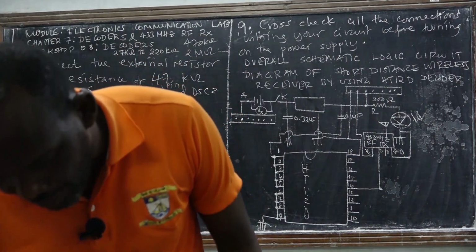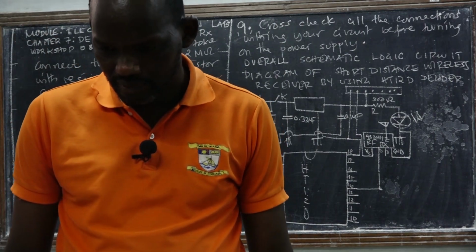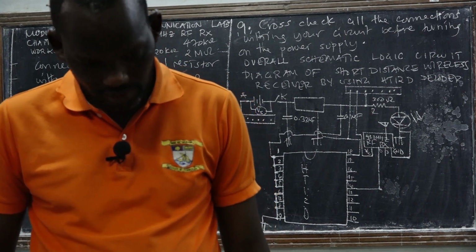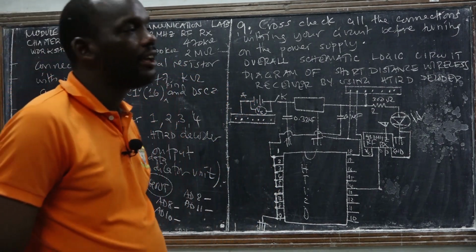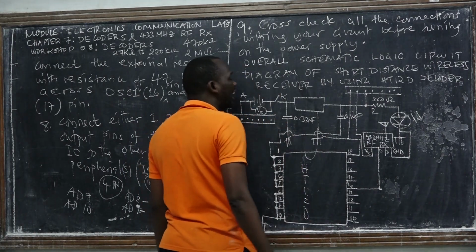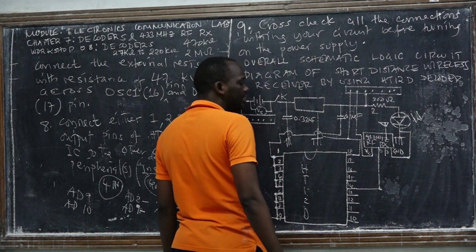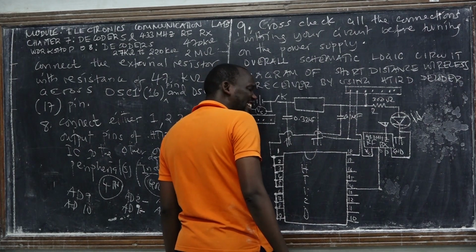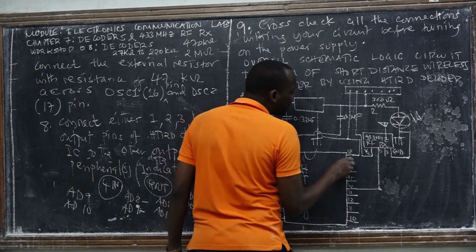Read the steps you have in the exercise book. Leave the VT or valid transmission pin free, right? The valid transmission pin is pin number what? So we will not connect this pin to anywhere.